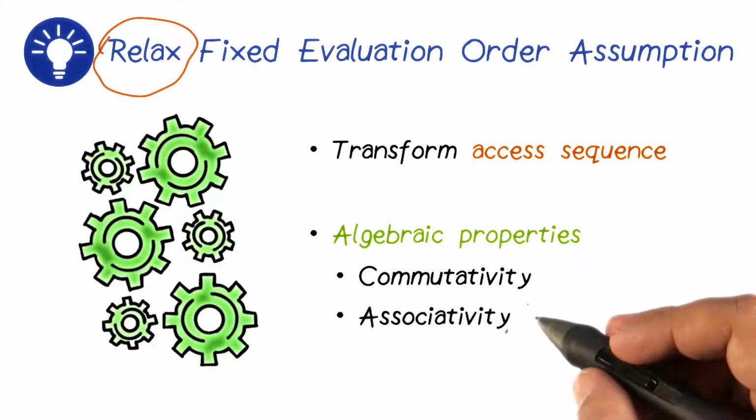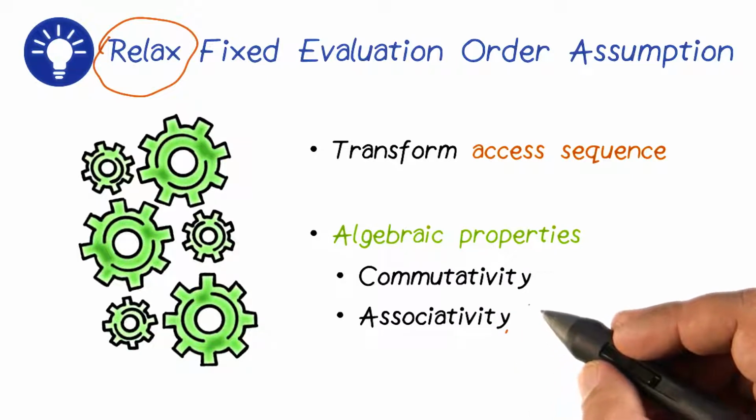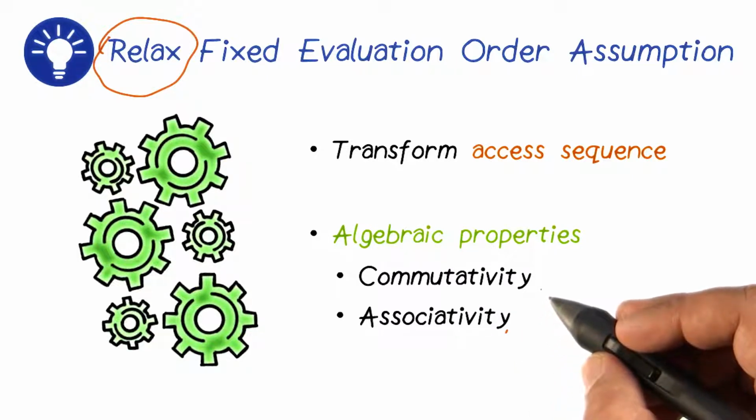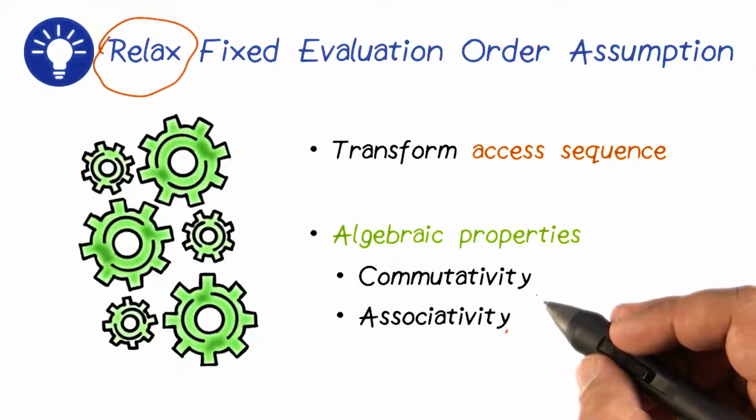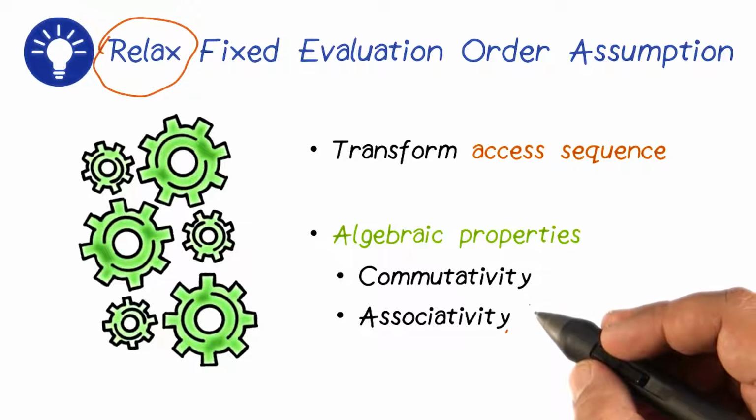And the second one is associativity. In other words, we'll take an expression tree and rearrange the order in which it gets evaluated, and we'll try to generate different access sequences using the property of associativity. You can easily see that these two optimizations are also used very commonly in other settings in compilers, especially for minimizing register pressure and so on.